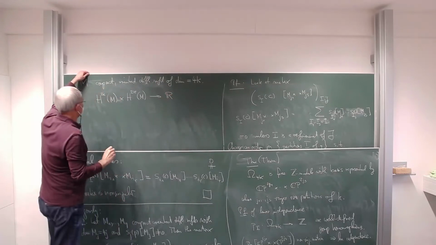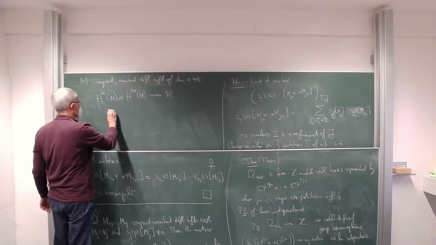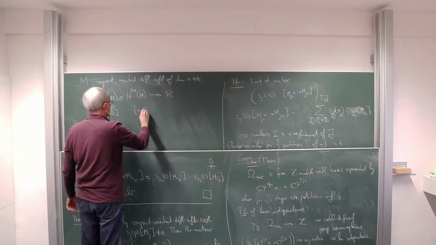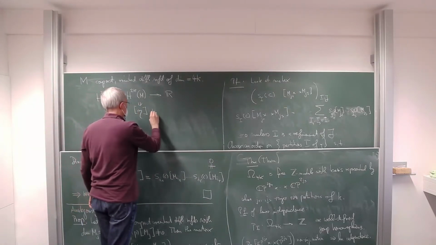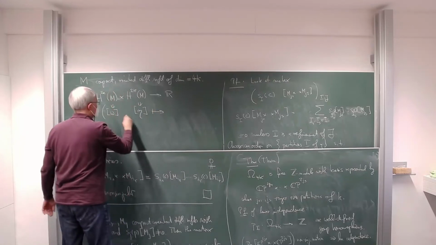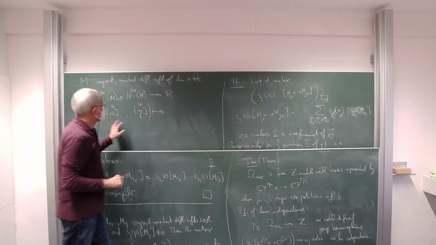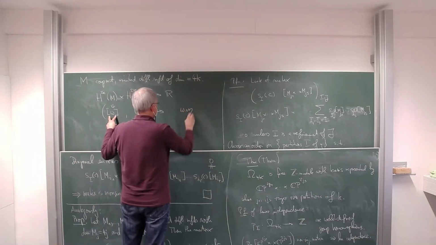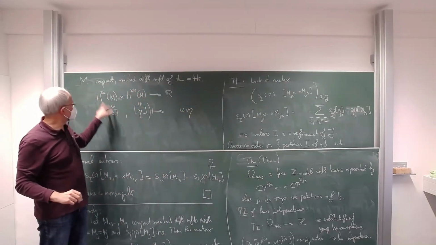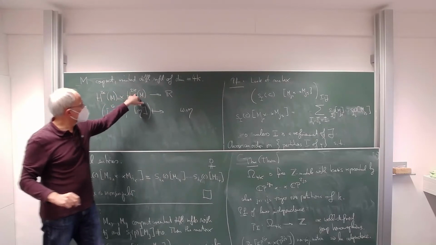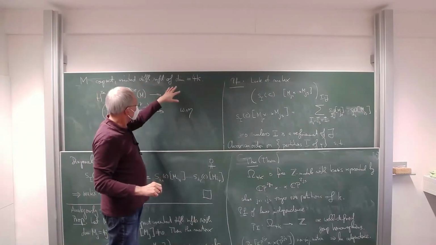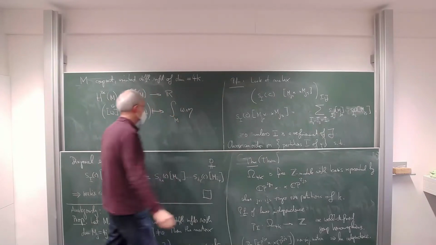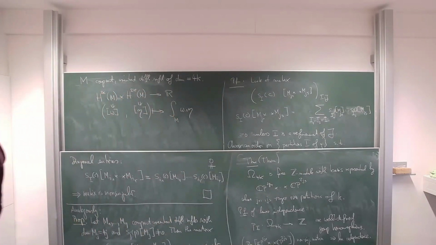And this is given by: take a cohomology class alpha here, take a cohomology class beta there, and map this pair of classes to the following number. Take the wedge product of the two differential forms, which gives us a 4k form on the manifold, and the manifold is oriented, so I can integrate. It gives me a number. Now this is well defined.